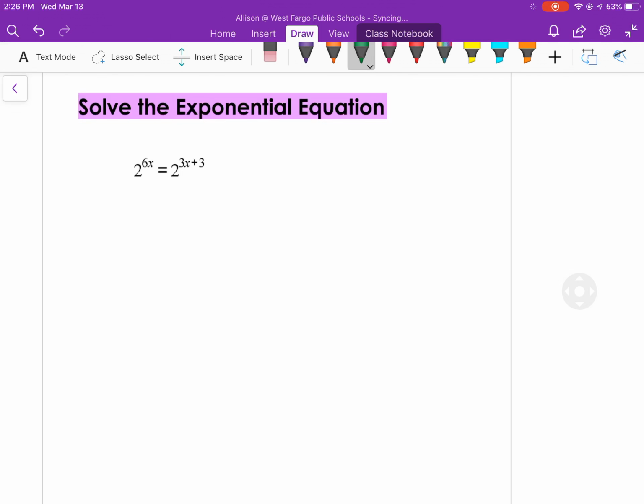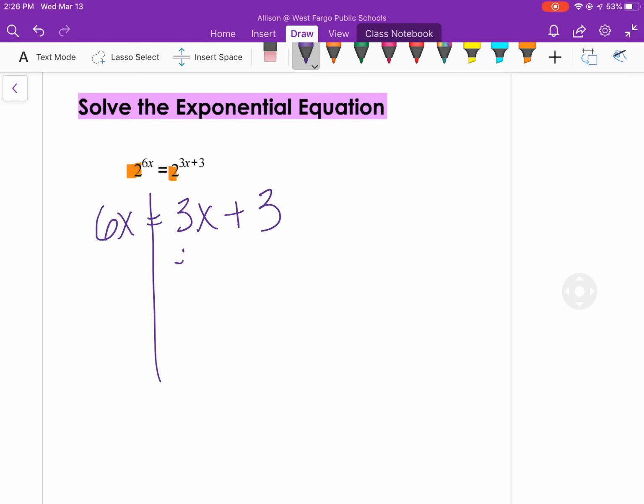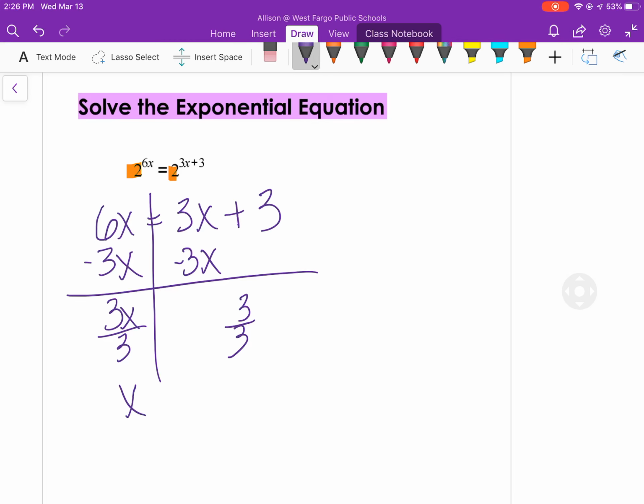This is using the idea that if the bases are the same, here 2 is the same base, then the exponents must also be the same. So to solve for x, I can set the exponents equal and then solve by getting my variables on one side and my constants on the other, and then isolating the x using inverse operations, and I get x equals 1.